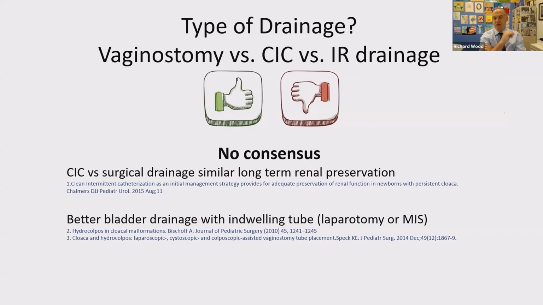In addition, if you're leaving a tube in, that tube can either fall out, which can then cause trouble, or it can become encrusted with stone-like formation, which can then be a place for infection to hide. And there's some evidence that you get very resistant bacteria growing in the urine in those children, which can lead to kidney damage.